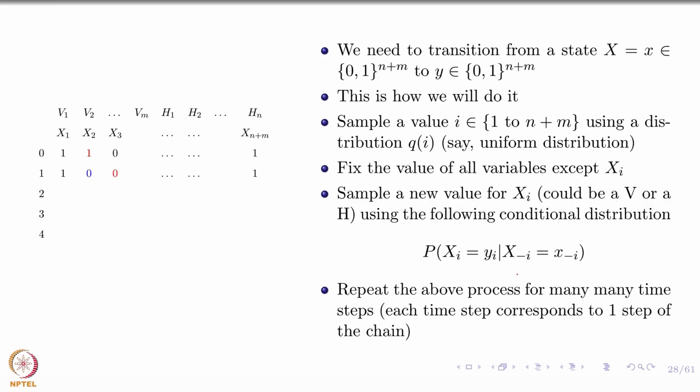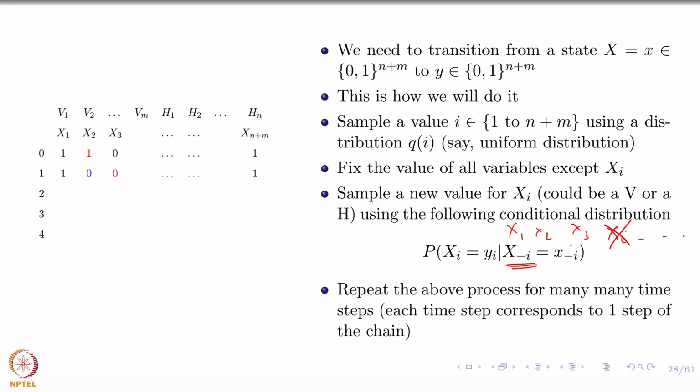Oh, okay. X of minus i is not clear. So x of minus i means all the random variables except the ith random variable, right? So this is xi given x1, x2, x3 and not xi and all the other variables.